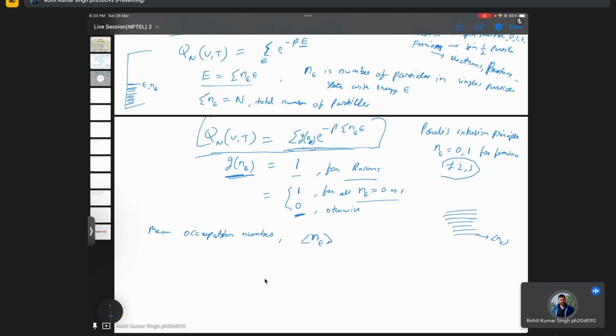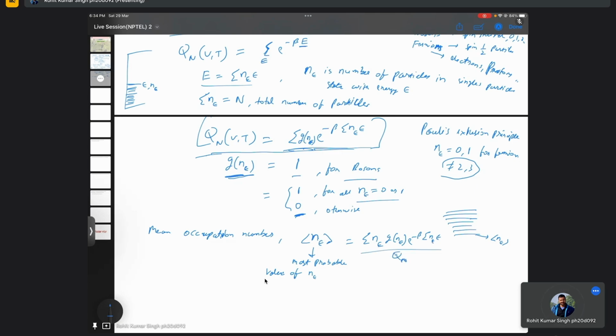Basically, it is the most probable value of Ne. Okay, so this can be calculated by using this averaging formula that we have used earlier, and then divided by this partition function.